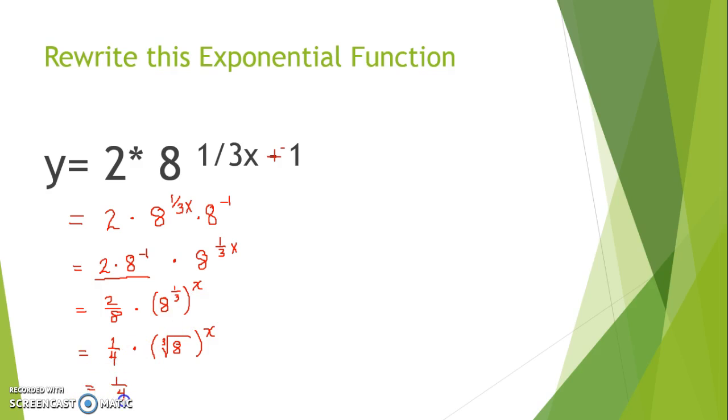And 8 happens to be a perfect cube. The 1/3 root of 8 is 2. And we can tell from here, our y-intercept is 1/4, and our rate of change is 2.